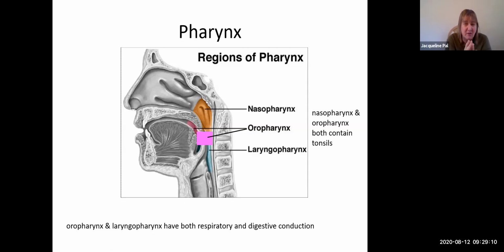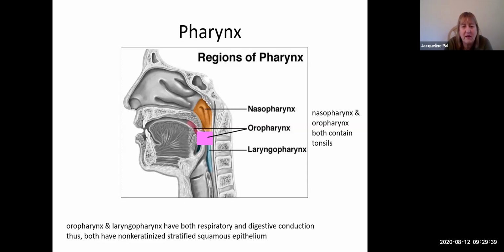Because food travels here, we have to change to a more robust epithelium that can tolerate the roughness of the edges of food. So the oropharynx and the laryngopharynx don't have a respiratory epithelium. Instead, they have the typical mucosa that you expect in the proximal part of the digestive system, i.e. a non-keratinized stratified squamous epithelium.